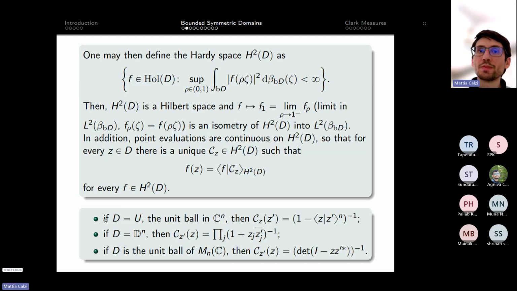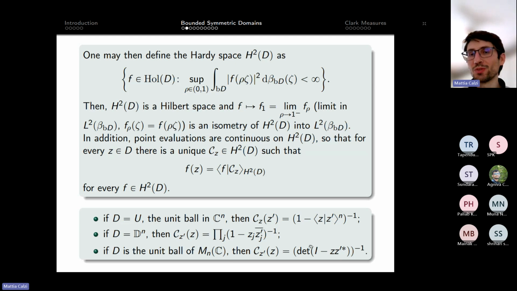In the example I considered before, in the unit ball, you get this object here, which is somewhat similar to the usual Cauchy kernel, apart from this power n here. In the polydisc, you get the product of Cauchy kernels in each variable, which is what you normally use in the elementary part of several complex variables. And for the unit ball of M_n, you get this object here, which is some sort of analog of the Cauchy kernel.